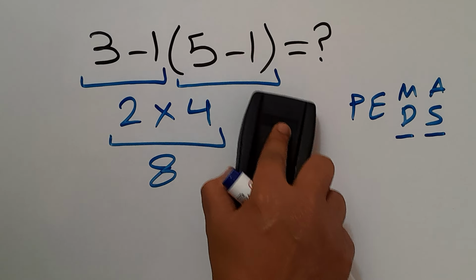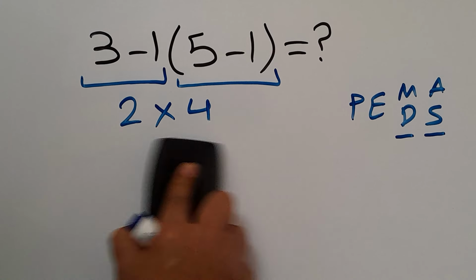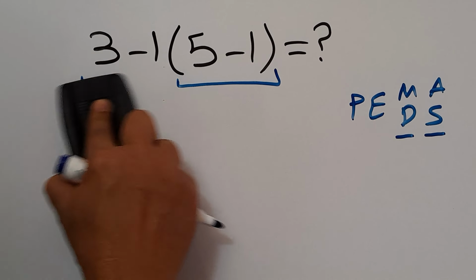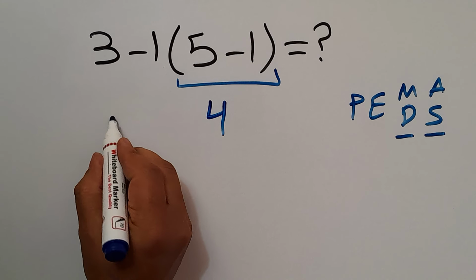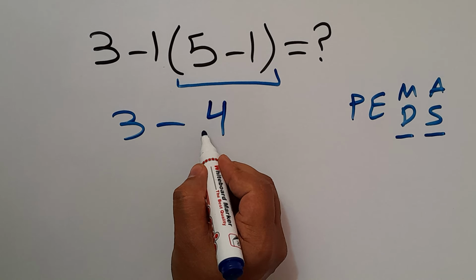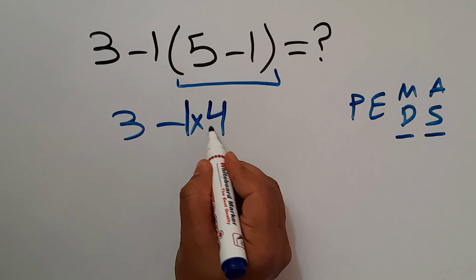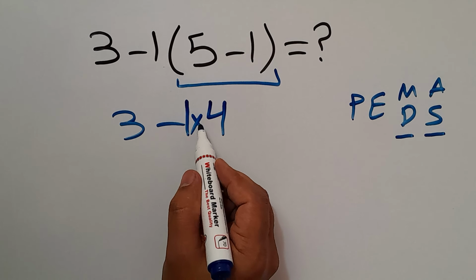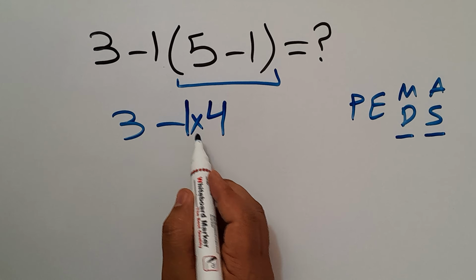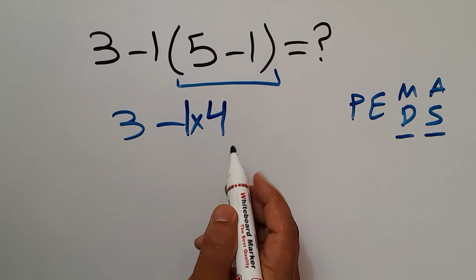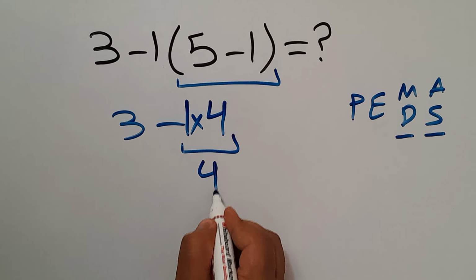So 5 minus 1 gives us 4. So we have 3 minus 1 times 4. No, we have to do this multiplication, not this subtraction. 1 times 4 gives us 4.